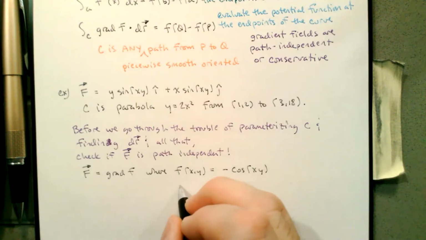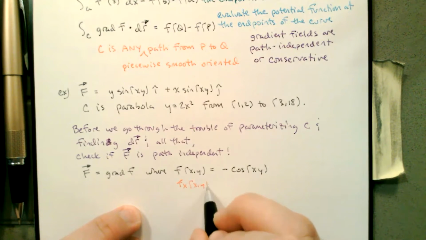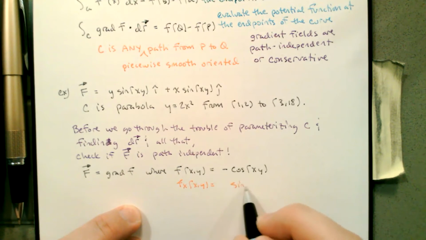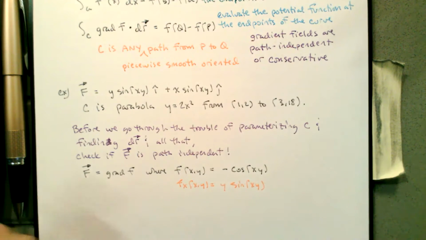So f_x at xy: the derivative of negative cosine is positive sine, times the derivative of the inside. The derivative of xy with respect to x is y.